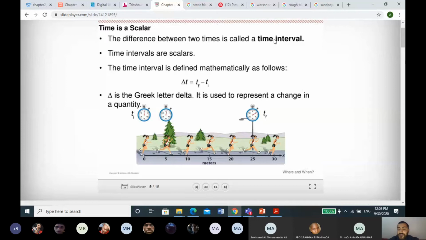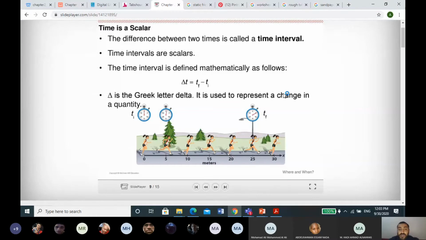For example, if I start my class at 9 and finish at 9:45, what do you call the time between the two? Time interval. Excellent. We call it the time interval.